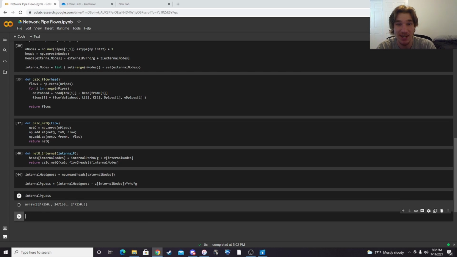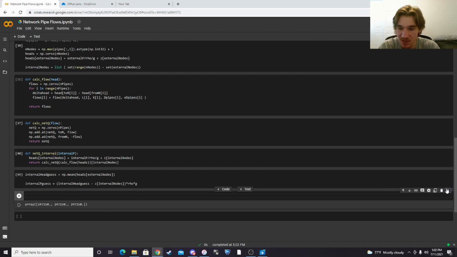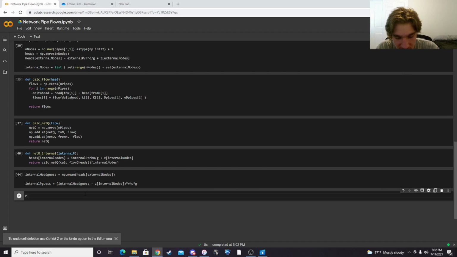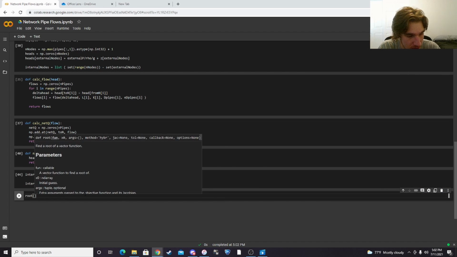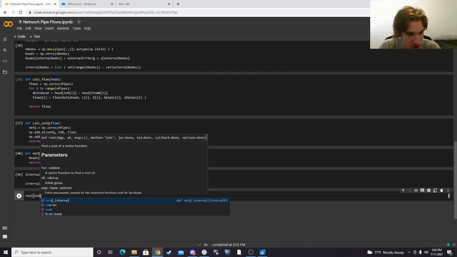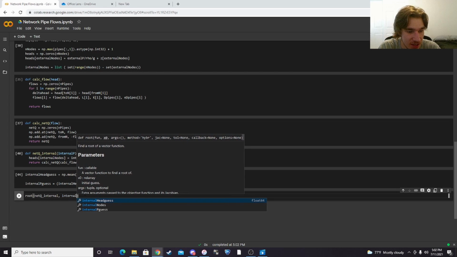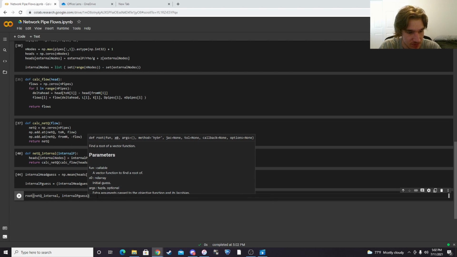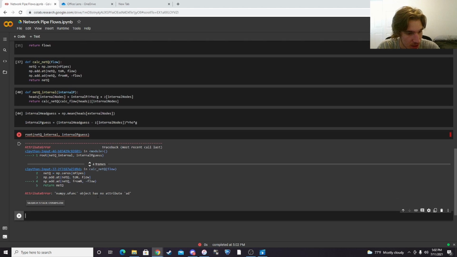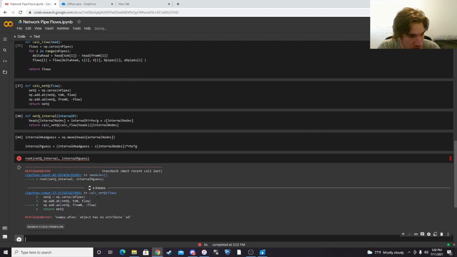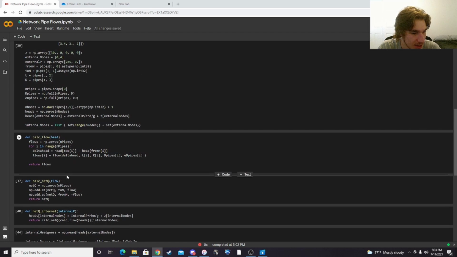And we have all of our guesses, and you can see they're all the same because the guess is what it accounts for. So now we can go ahead and use this root function. And the function that we're going to be doing is the net q internal. What is our initial guess? Our internal p guess that we just found. And it says add at. Okay.